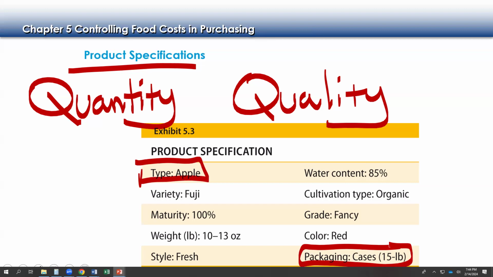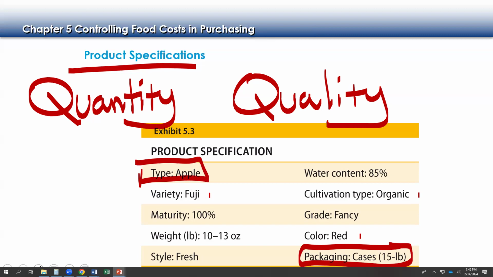Everything else is a quality. What's an alternative quality of color for apples? Green or yellow. Okay, we have red. We also have organic as our cultivation type.